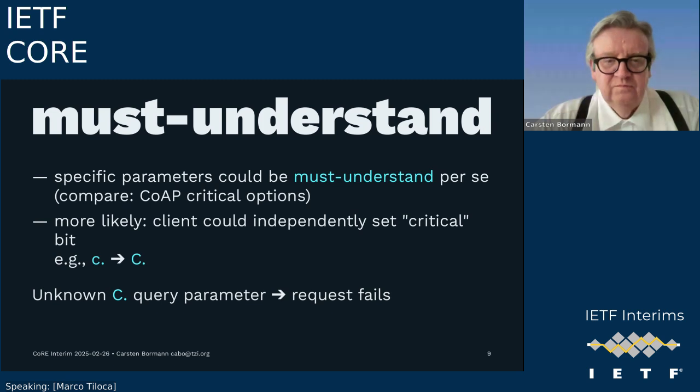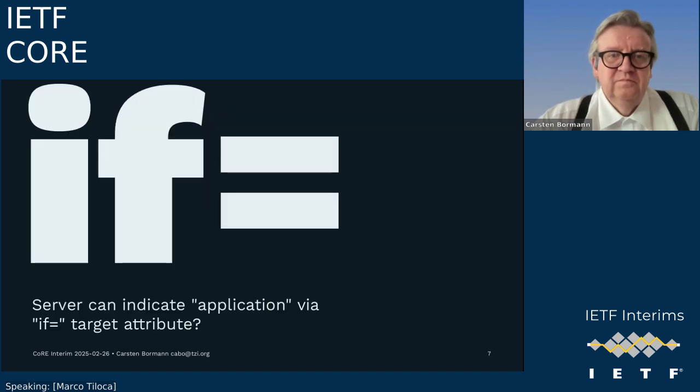Okay. The other point I had was on IF. I think it was on slide 7, maybe. Yes. If I remember correctly, the IF target attribute can have multiple interfaces indicated, separated by space.